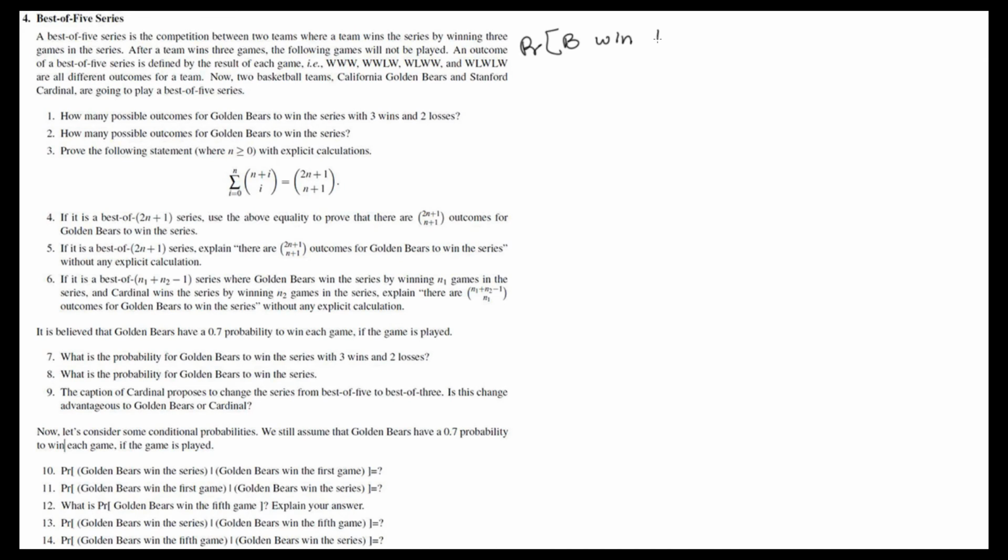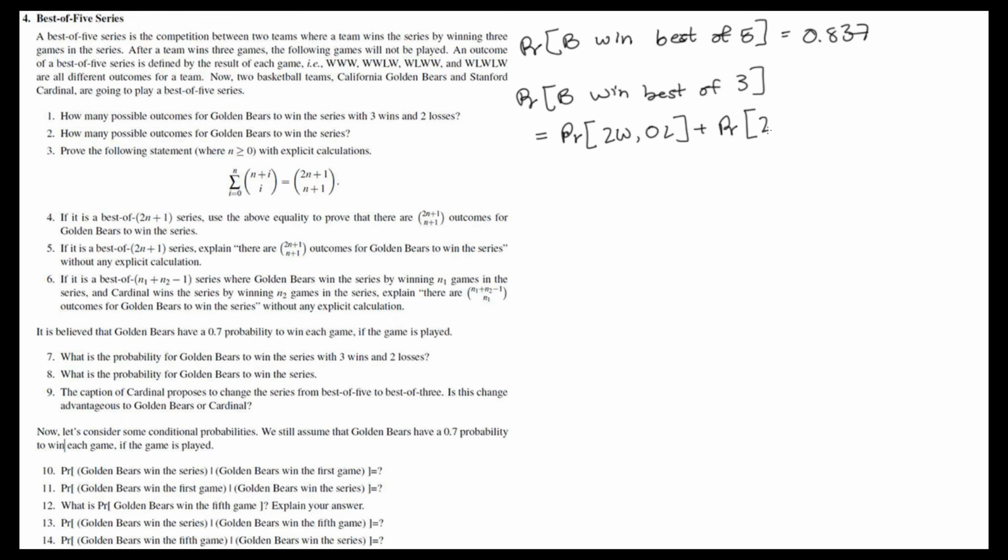We know from the previous part that the probability of the Bears winning best of 5 is about 0.837. Now we want to look at the probability that the Bears win a best of 3 series. So this is going to be the probability that they have 2 wins, 0 losses, plus the probability that they have 2 wins and 1 loss.